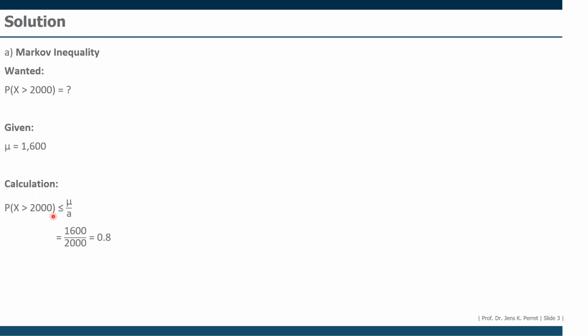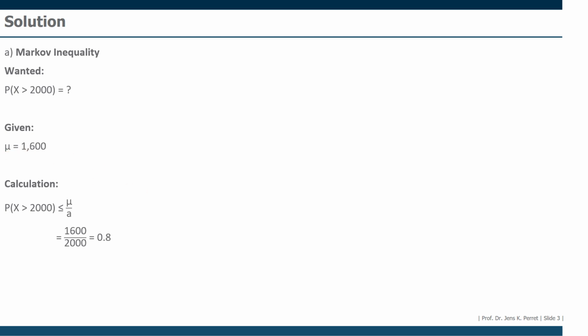Now I'm even further away from this value. So with a normal distribution, this goes down below 50%. But here I do not know anything about the distribution, and that's the neat thing about this. So this gives us a neat, interesting insight without any additional knowledge but the average.